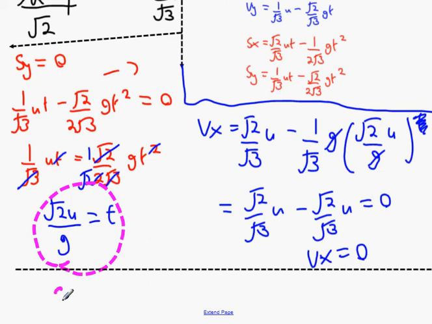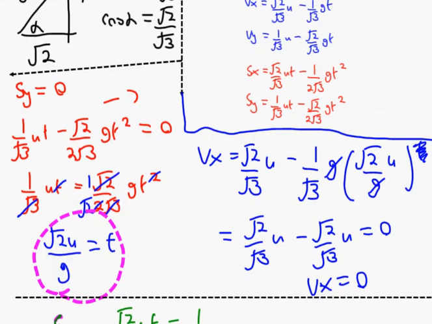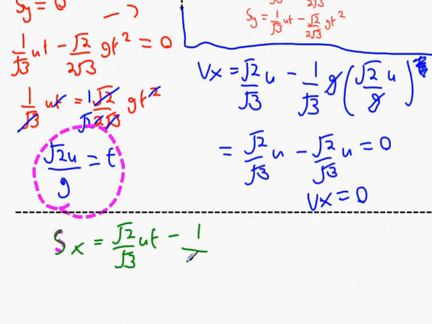So Sx equals root 2 by root 3 ut minus 1 over, what is it, 2 root 3 gt squared. Oh, got to substitute in t.